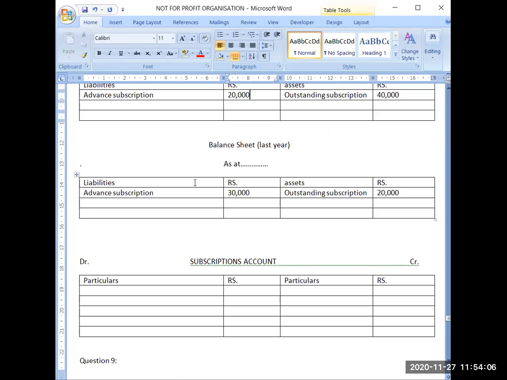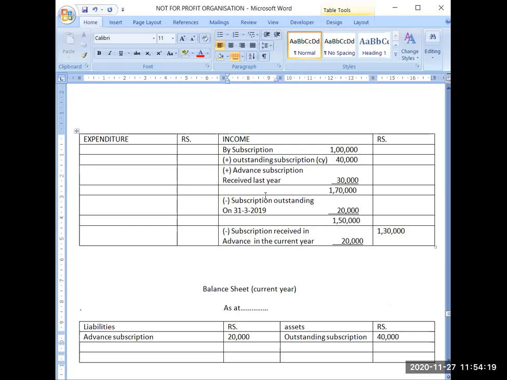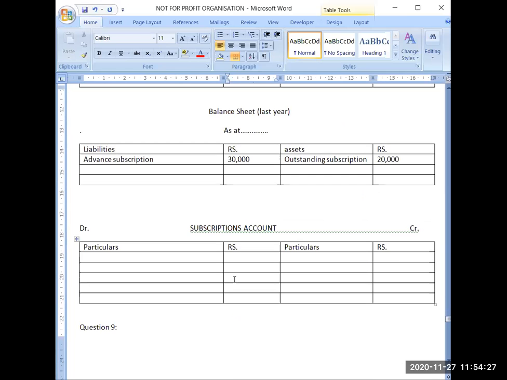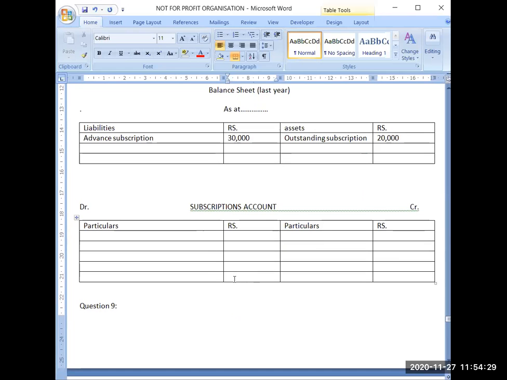Now we can make a ledger account of it also. Sometimes the question may ask you to prepare the ledger account of subscription account, and you have to calculate the amount to be shown as income in the income and expenditure account. So if we don't want to do this addition and subtraction, then how we will be getting this amount with the help of subscription account, that you have to understand.